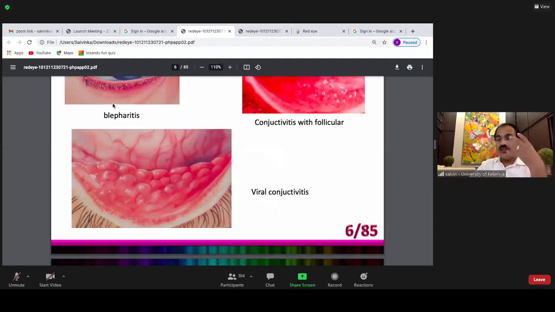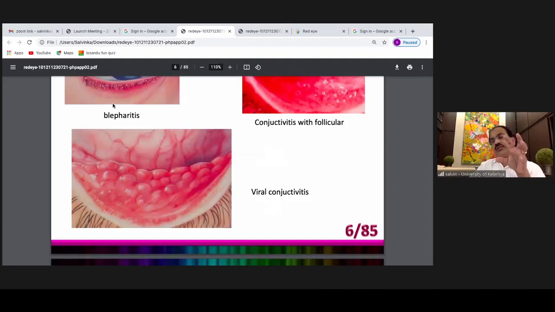The patient comes with what symptoms, and what are the causes? One student answer me. Now we are discussing the first cause for conjunctivitis: inflammation or infection. Even infection gives rise to inflammation. So finally, inflammation of the conjunctiva. What are the causes for conjunctivitis?